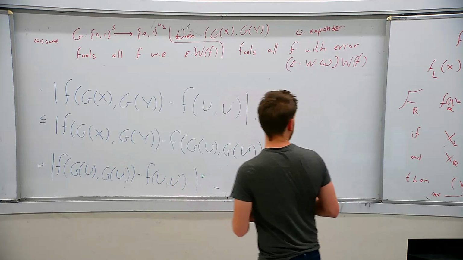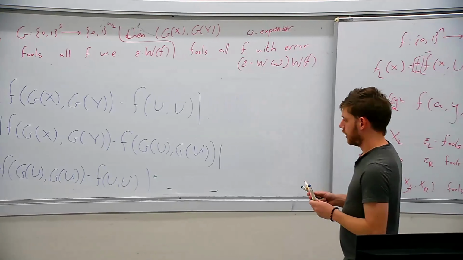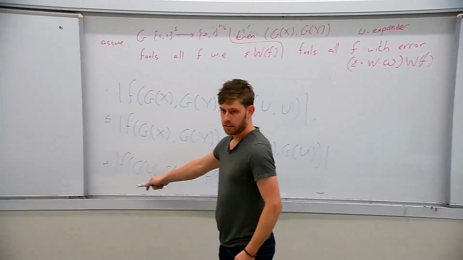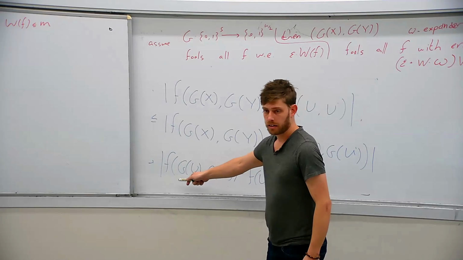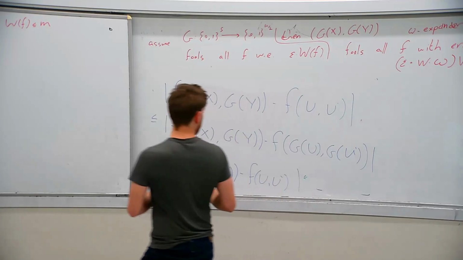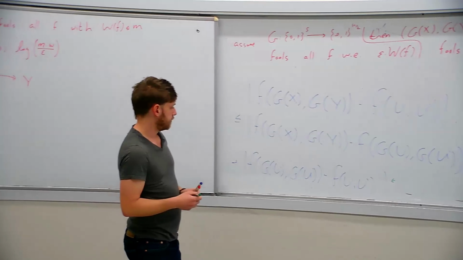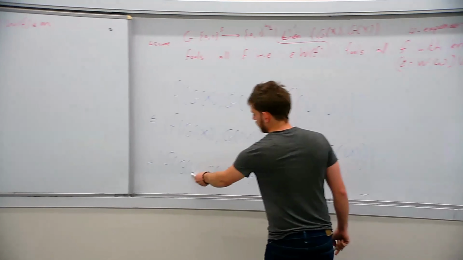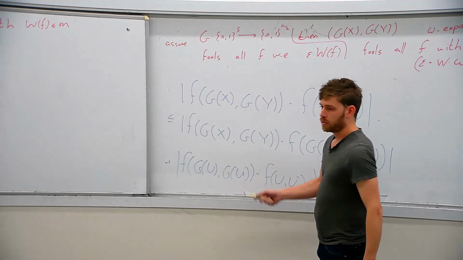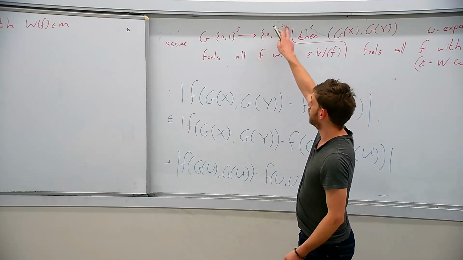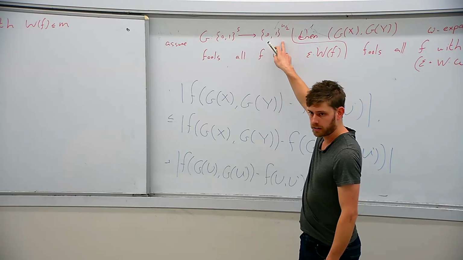So this is the lemma from before, because these are uncorrelated. I mean, they are independent. And G on U fools, I mean, G fools the left side, right? Because it's a length n/2 ROBP.